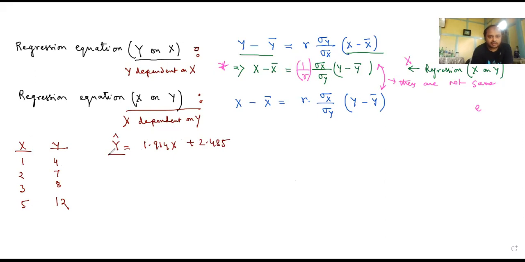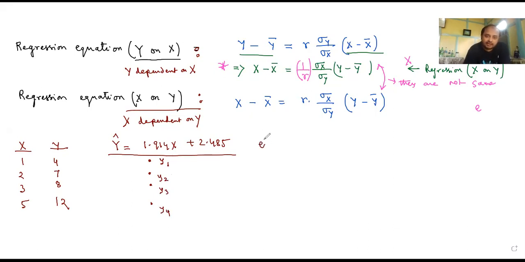This is your estimated relation. Now, if you put these values of x over here, definitely these values that you will obtain will be different from capital Y. Suppose this value after putting x equal to 1 is y1, this value is y2, this value is y3. I'm not calculating it. You can do it by yourself.